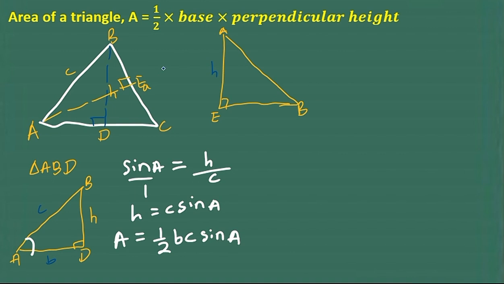We are considering this line AE, which is the height of the triangle, and the dimension of AB still remains C.